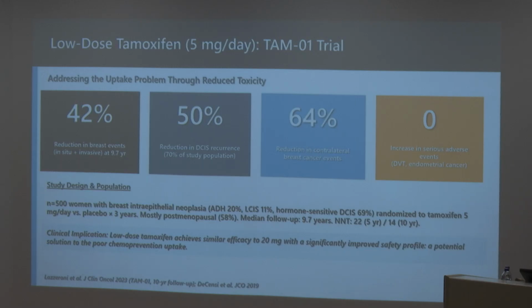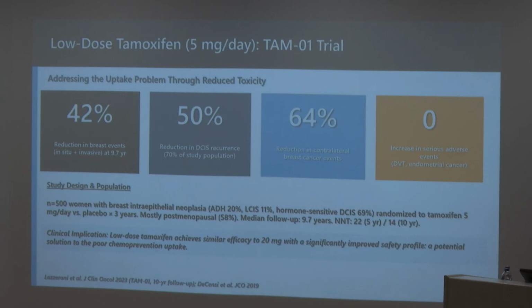Last year or the year before, they published the 10-year follow-up results, and they found that, again, with this low dose, even with 5 milligrams, there is a reduction of breast cancer of 42% and 50% in DCIS recurrence. And also, they have an effect on contralateral breast recurrence, and this could also be put in your mind to use even in breast cancer patients with a unilateral resection.